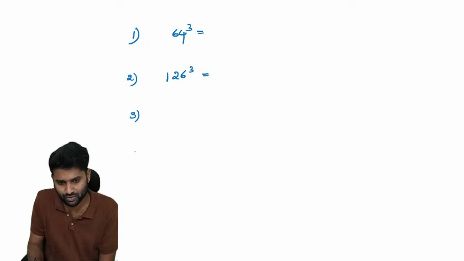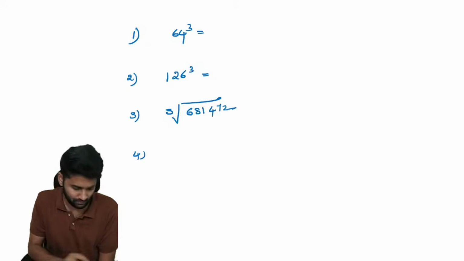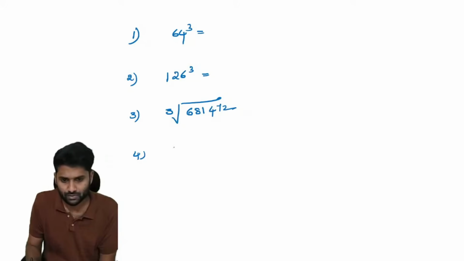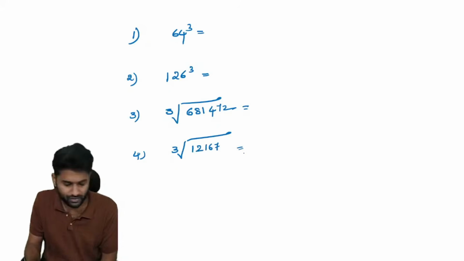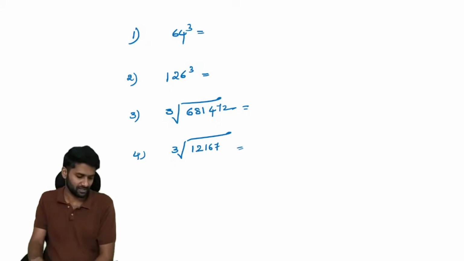Find the cube root of 681,472. And the cube root of 12167. So these are the four questions for you. Try to solve them and post your answer in the comment section.